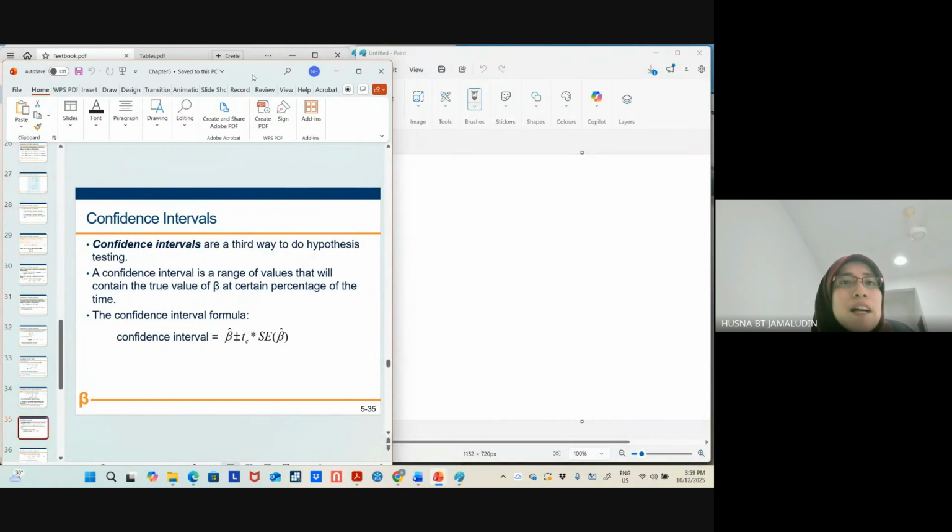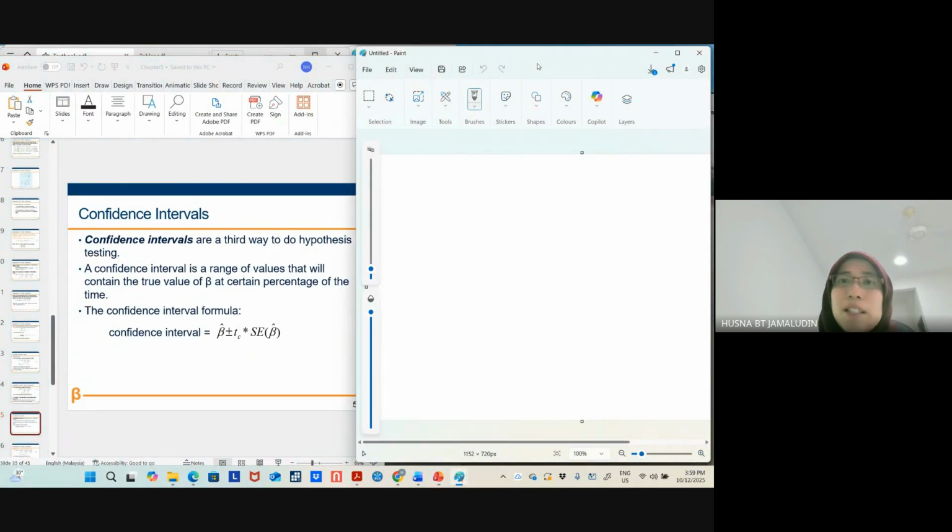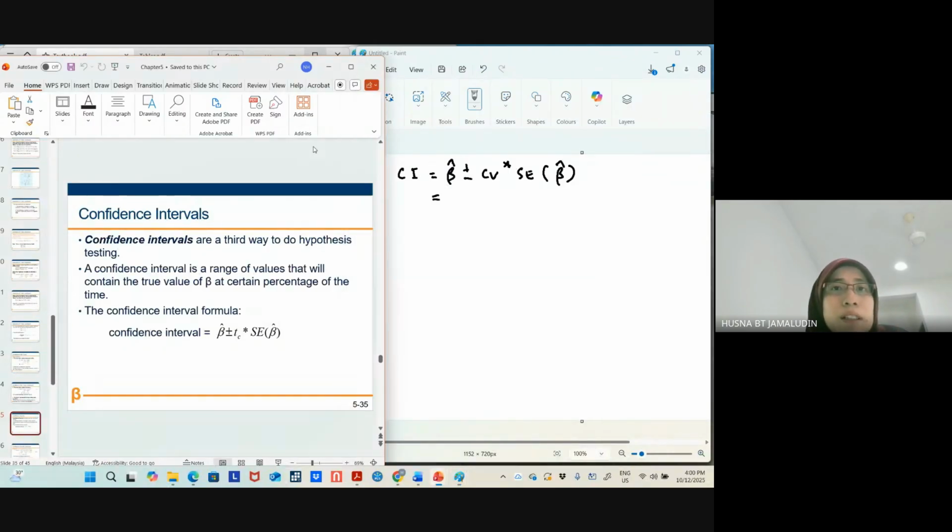If we didn't write it here, you may not know. The confidence interval formula is equal to estimated beta, or beta hat, plus minus the CV, multiplied with the standard error of your estimated beta.